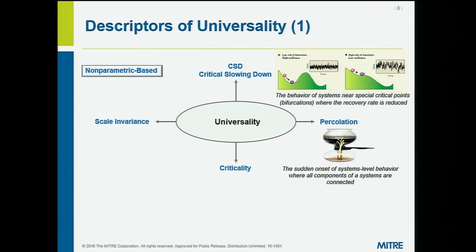It turns out that's not the case at all. There's not much change occurring until a sudden onset event occurs where you have enough dry trees in that forest to cause the entire forest to start burning. And that onset of behavior is what's called percolation.